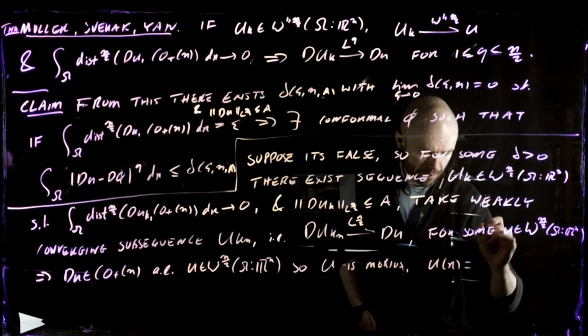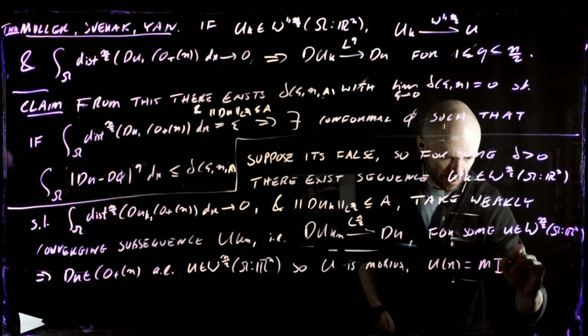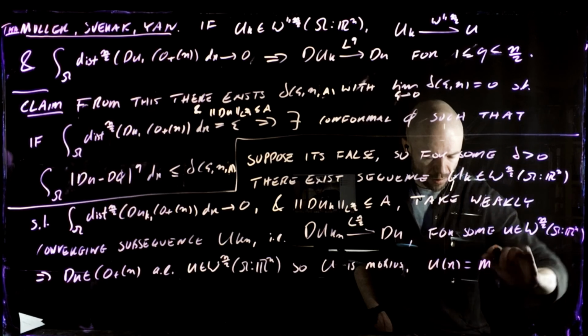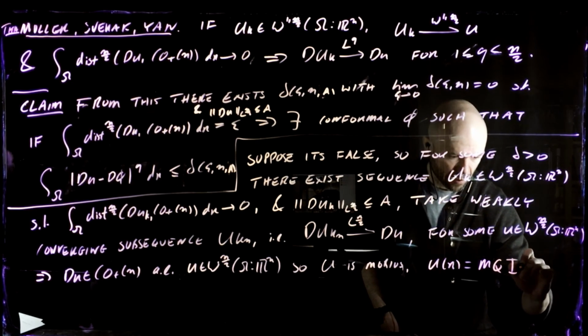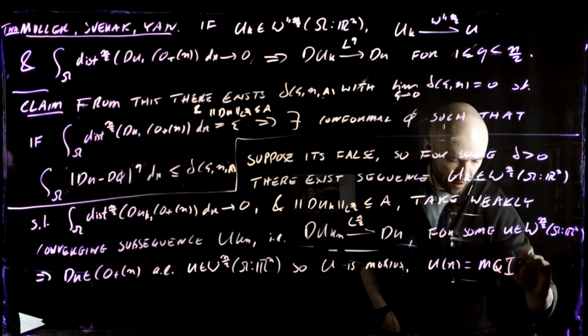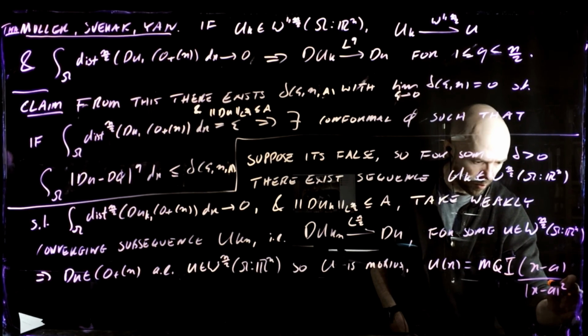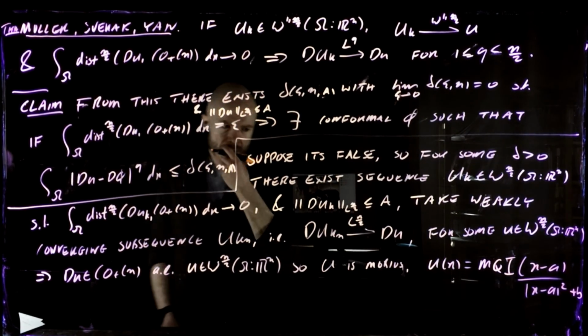It is given by M times a reflection Q times A times this reflection I, and then x minus a over mod x minus a squared plus some constant b. So it is a Mobius mapping.